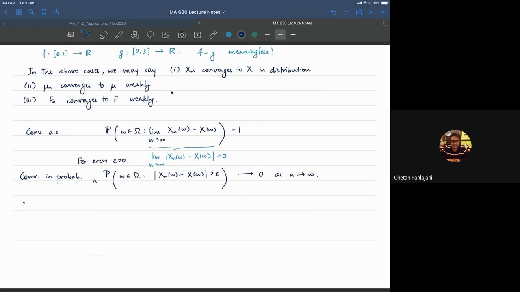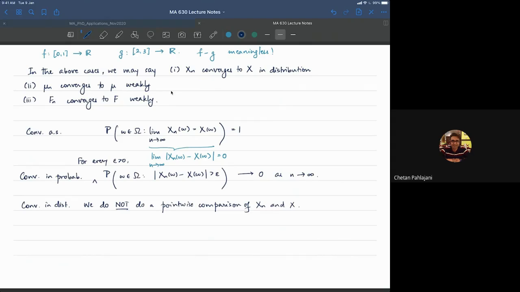So note that in convergence in distribution, we do not do a pointwise comparison of xn and x.